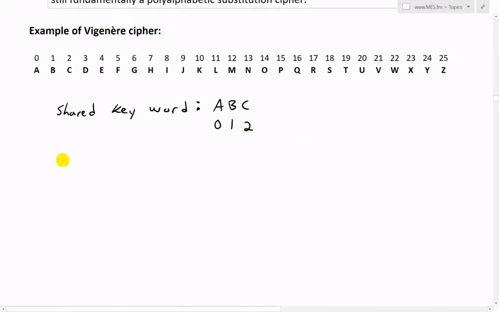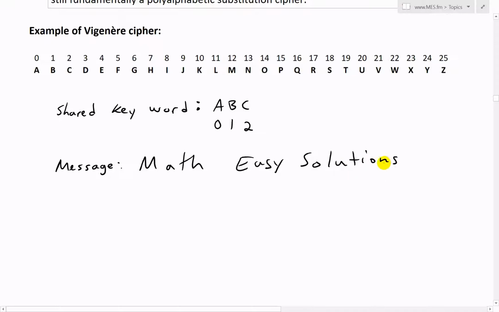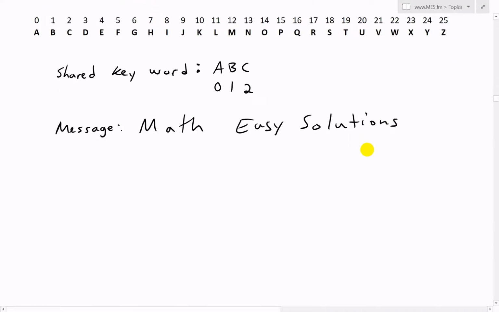And then let's say the message we want to send is, I'll just put math easy solutions, like this. So let's say we want to send this message out. Then for the encryption, we'll take this 0, 1, 2 and place it repeatedly across this.